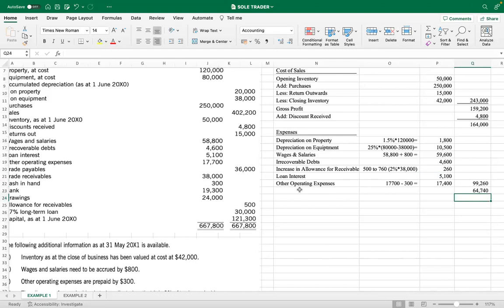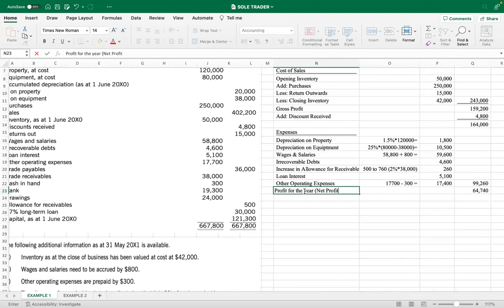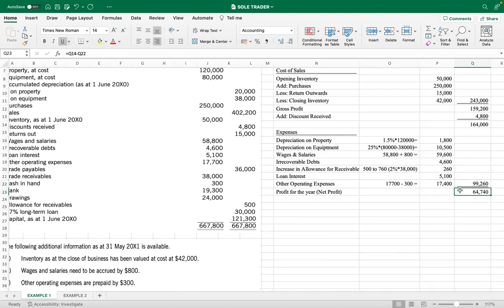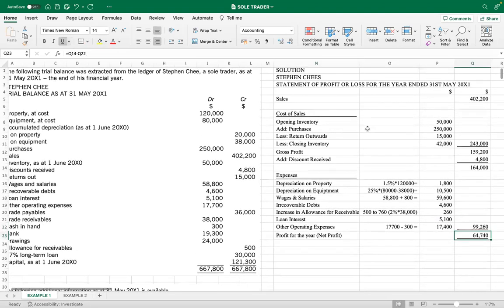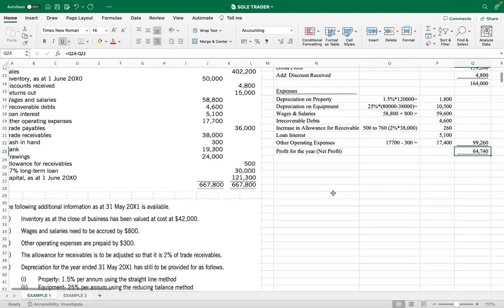So profit for the year is 64,740. In other words, let me call it net profit. Now, that's how we prepare statement of profit and loss for a sole trader.